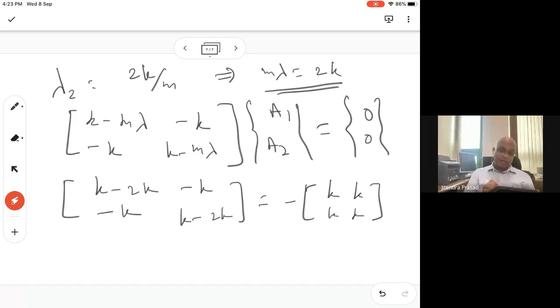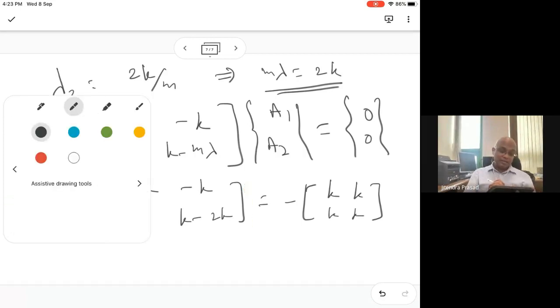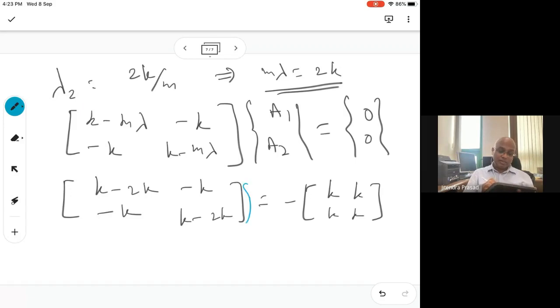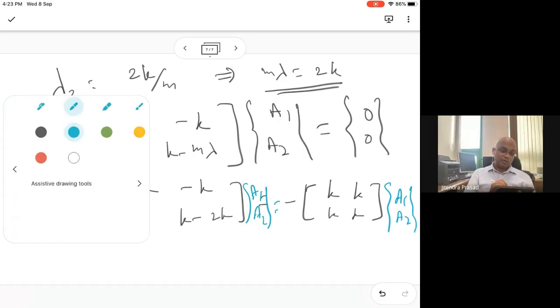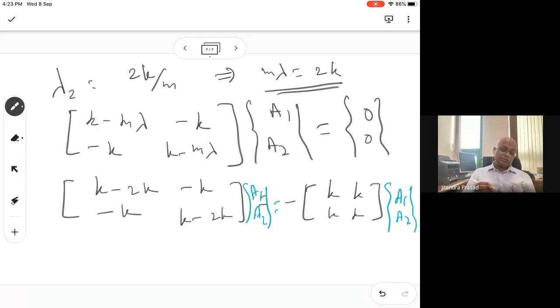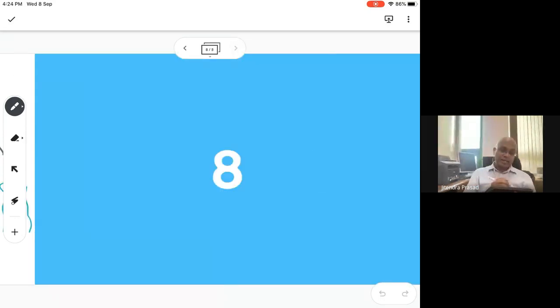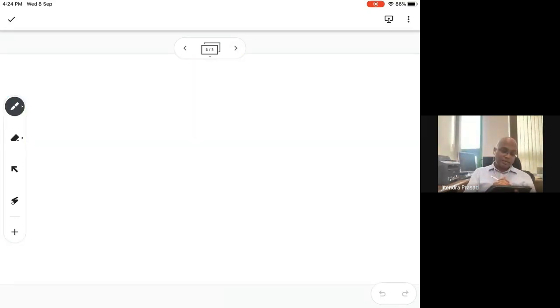Okay, sorry, we have to multiply by a1, a2 as well. And that is equal to 0, 0. So finally, what do we get? That really means that k a1 plus k a2 equal to 0.